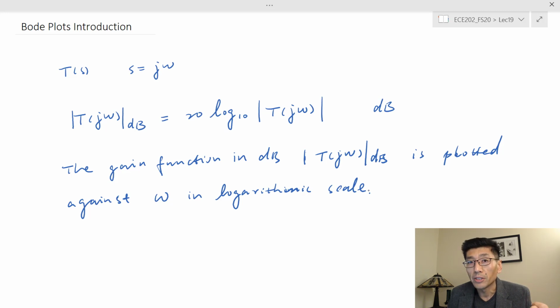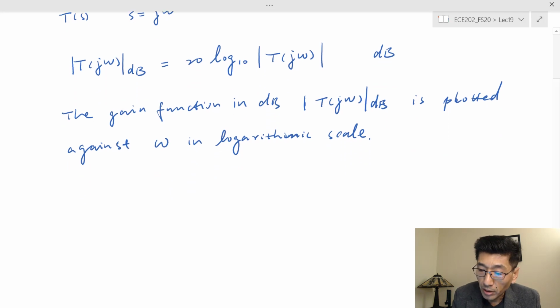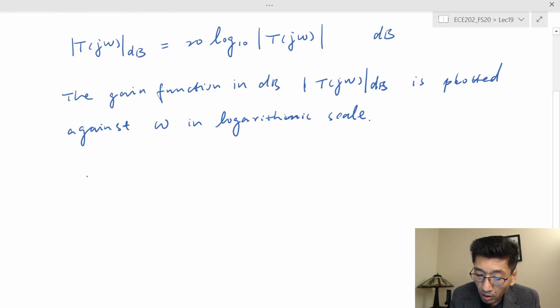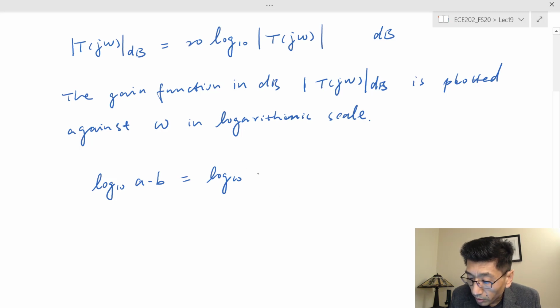The reason we use dB is that if you have two transfer functions, because of the property of the logarithm, a multiplication becomes an addition, right? So log AB is log A plus log B. In this case, A and B should both be positive.